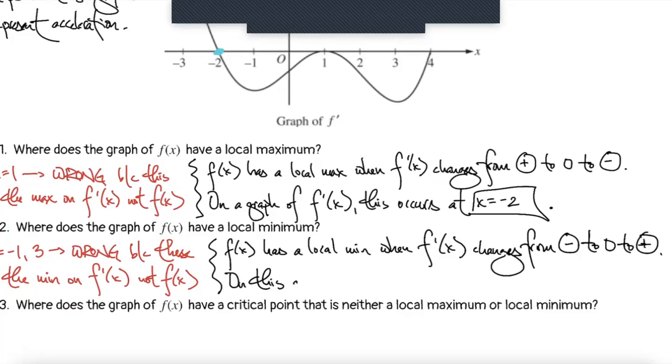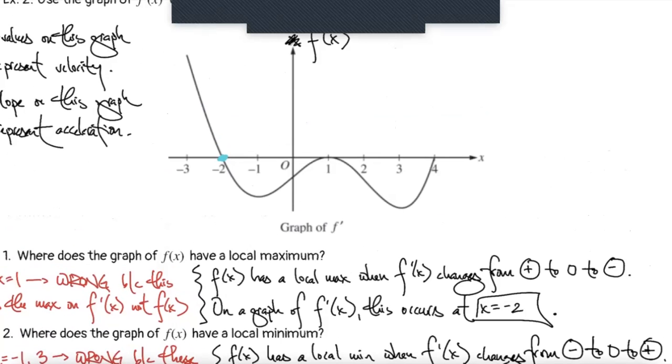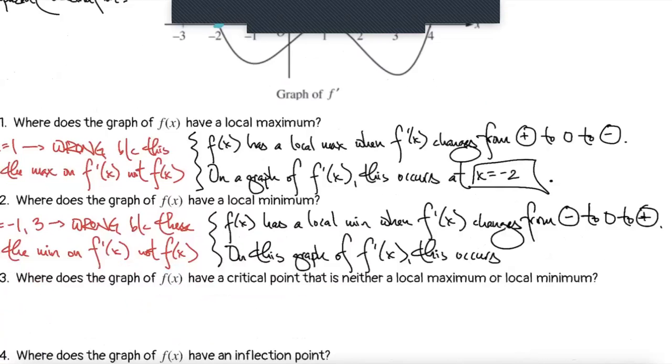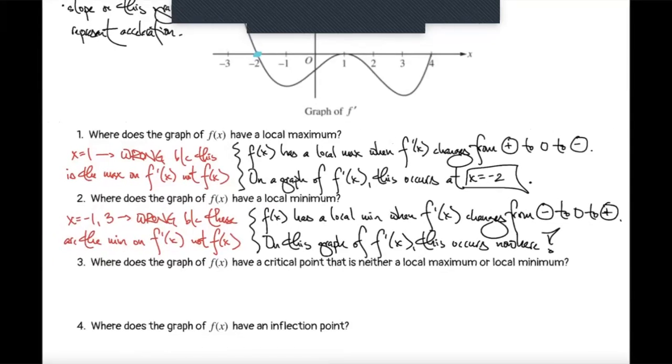On this graph of f prime of x, this occurs. And is there any place where the graph goes from below to 0 to a positive? Does that happen anywhere on this graph? And I think we can see that it does not, right? And so that's okay. We know what we're looking for. We've explained what we're looking for, but on this graph, this occurs nowhere. And that's okay. All right, that's okay.